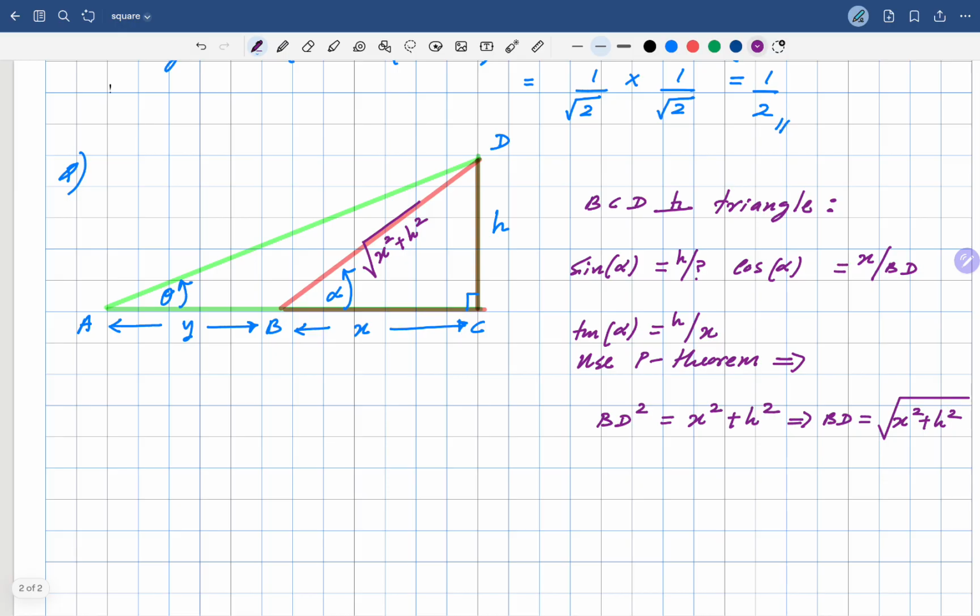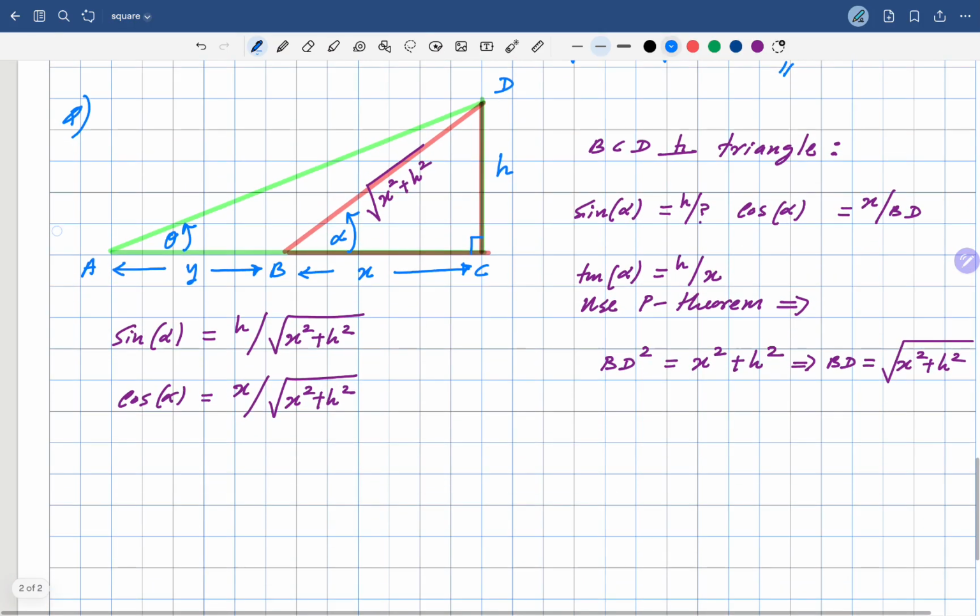From there you can find sine alpha, which is h divided by the hypotenuse, the square root of x squared plus h squared. Then cos alpha is x divided by the hypotenuse, which is the square root of x squared plus h squared again. So that's done.